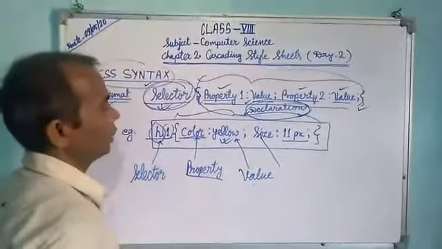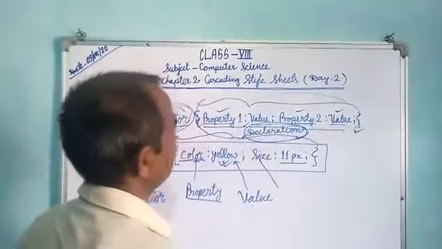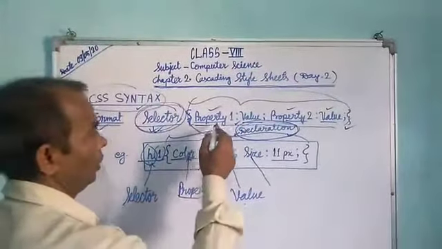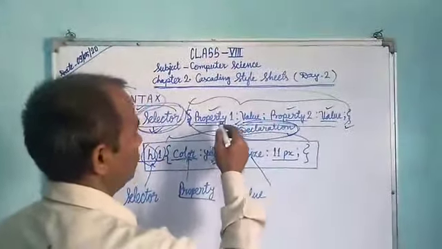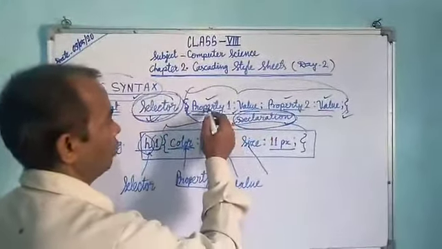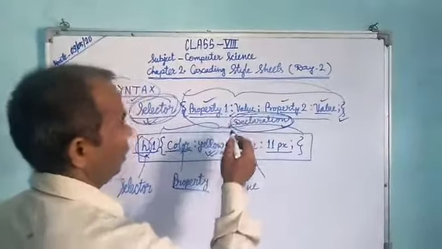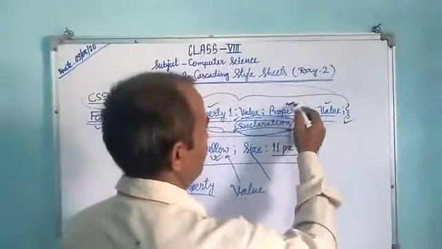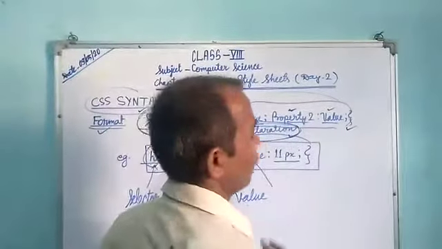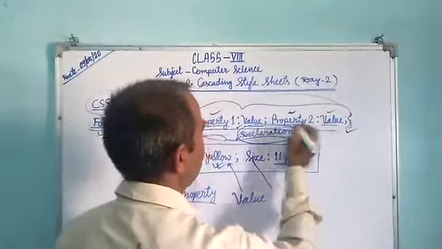The declaration part has the properties and their values. This is the first property and its value, and the property and value are separated by a colon. Again, if we have a second property, then we have to write its value, and again it is separated by a colon.